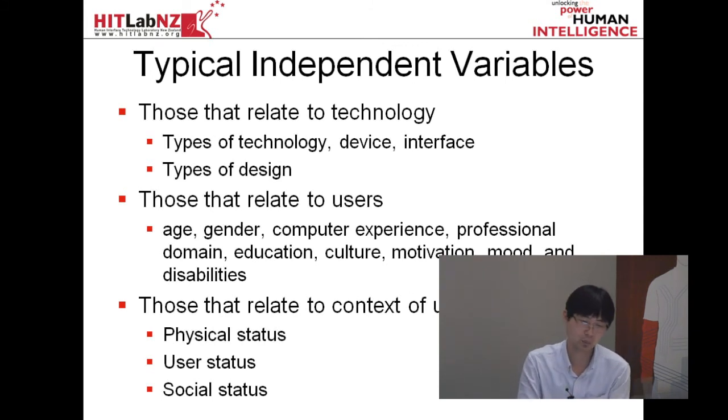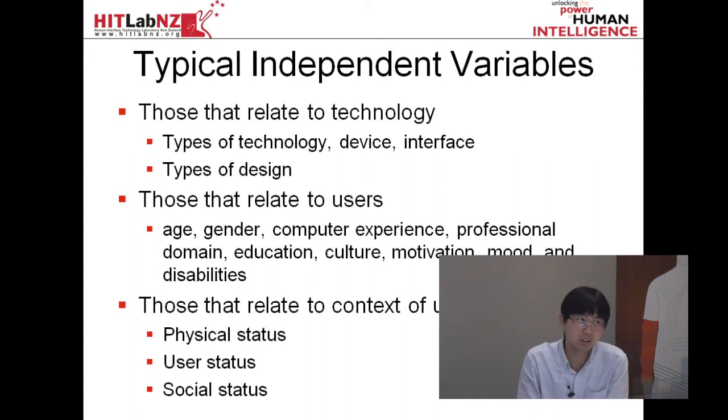It has to be one category. There are also other types of independent variables that are related to users, such as age group, where younger participants and older participants might have different task performance, or gender, or other cultural or educational background could also work as independent variables. But this is only the case when you are interested in looking into differences between these groups.